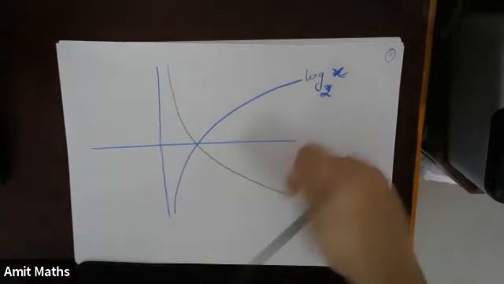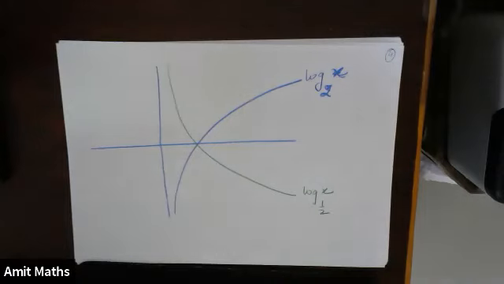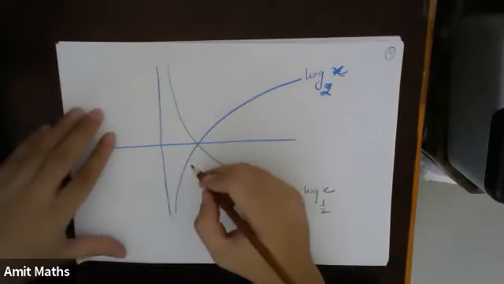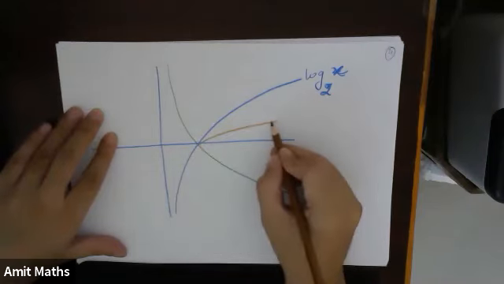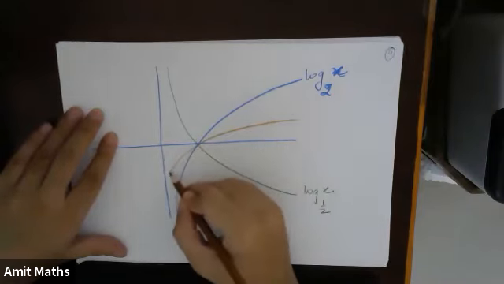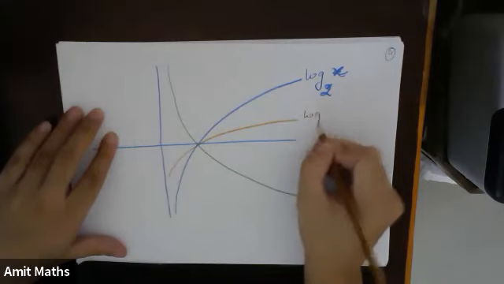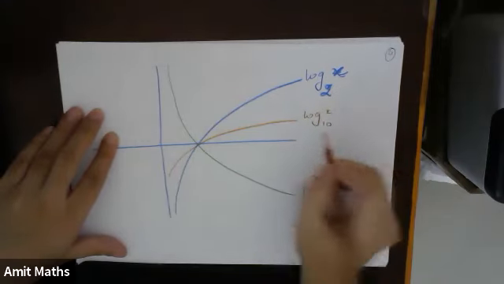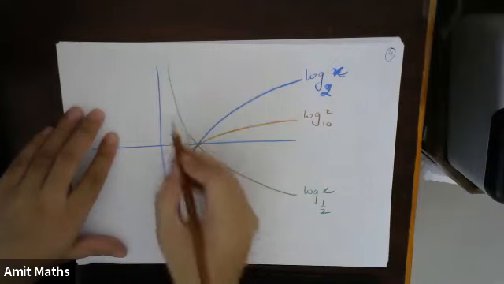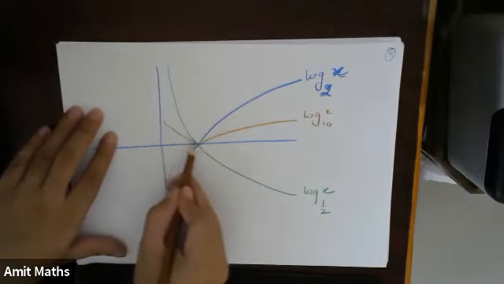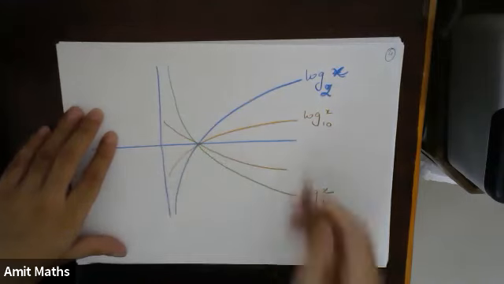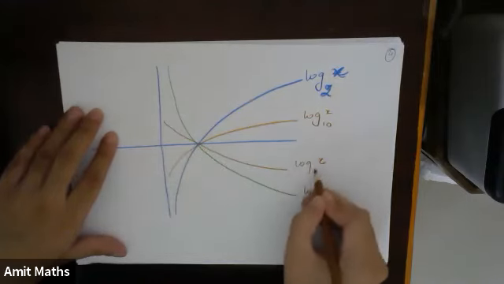Okay, these are two mirror images. Fine. Suppose this is for log x base 10, so this will be for log x base 1 by 10.